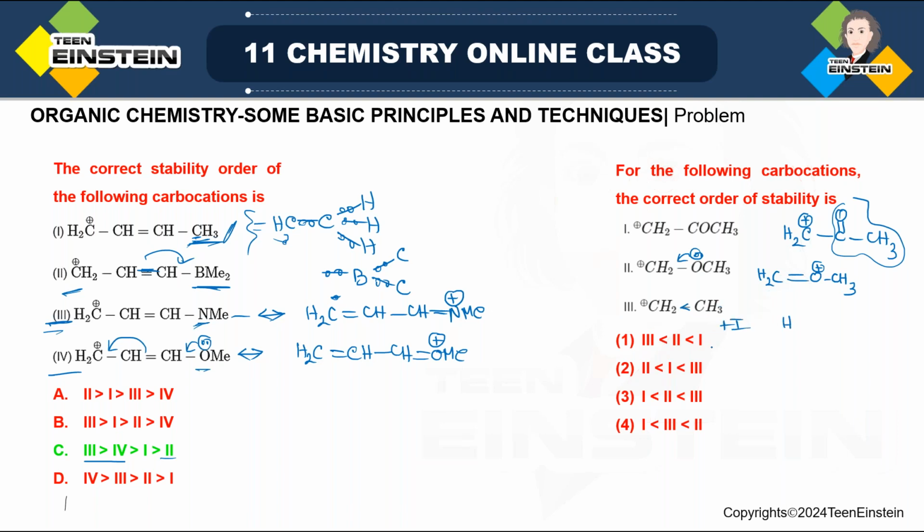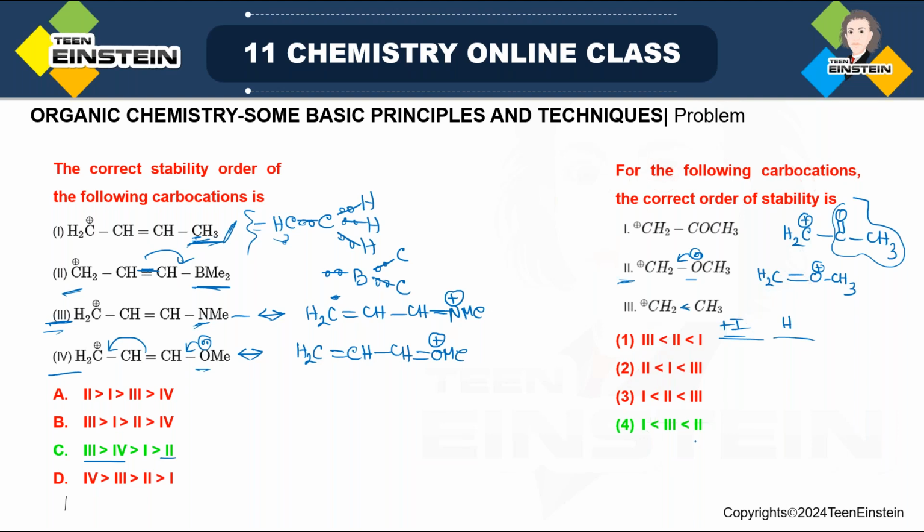It is an ethyl carbocation. But as we know that resonance effect, you have to give more priority. So 2 should be having more stability because of this resonance, which is predominating over these 2 effects. Plus R effect is present.